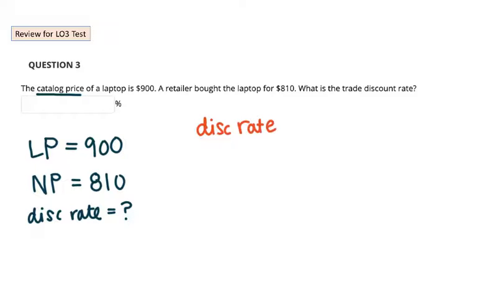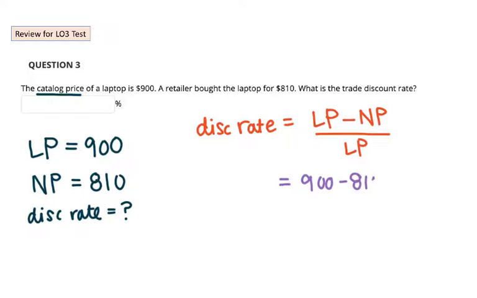Please remember this one. The discount rate is just the list price minus the net price divided by the original list price. So now we plug and chug these specific numbers. 900 minus 810 divided by the list price 900. We will get a decimal.